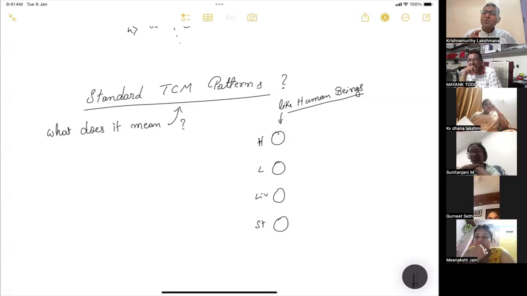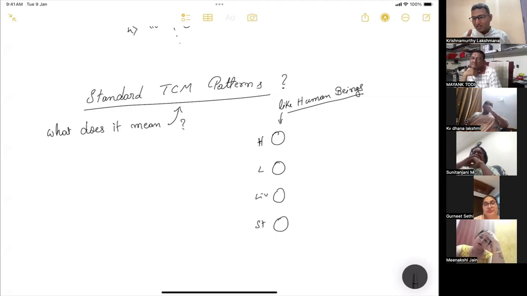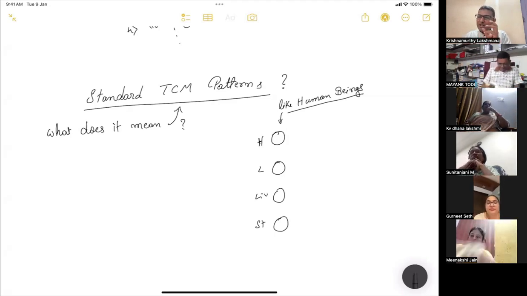Somebody, as soon as they wake up, just sits back and relaxes for 5 minutes, and then steps out of the bed. This is a second pattern. Third pattern, as soon as they get up, they yawn, a big yawn and big stretch. Fourth pattern, they take a mobile phone and check, check, check. So these are some standard ways in which a person reacts as soon as he wakes up.